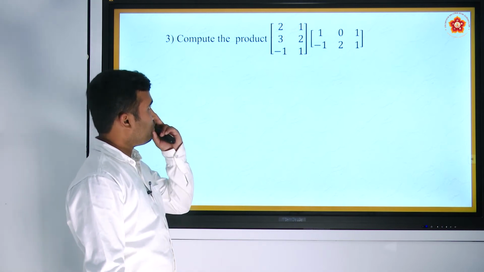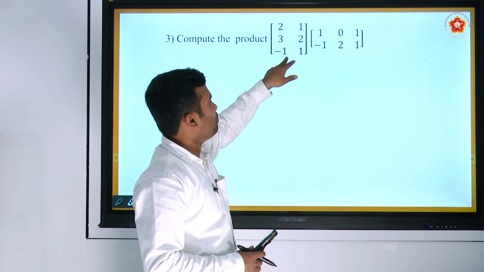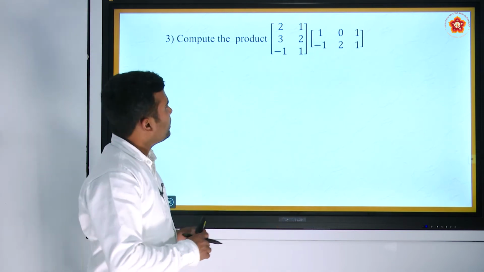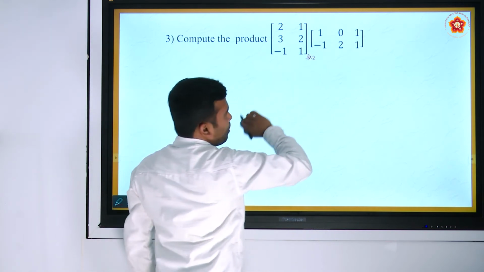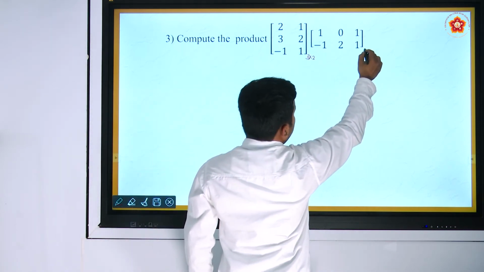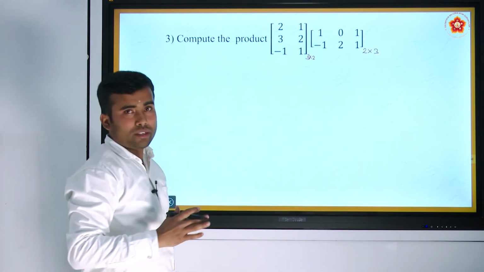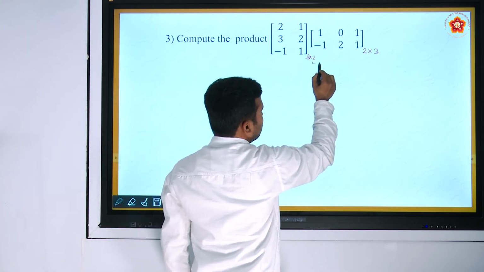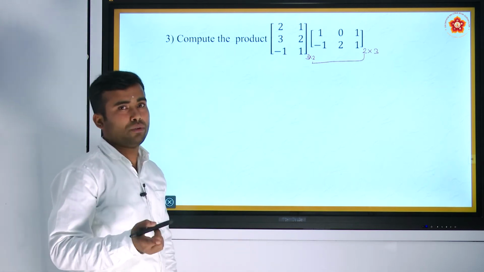Compute the product of the given matrices 2 1, 3 2, minus 1 1 and 1 0 1, minus 1 2 1. The order of this matrix is 3 cross 2 and the order of this matrix is 2 cross 3. To find this product matrix, the number of columns should be equal to the number of rows. 2 is equal to 2, right?